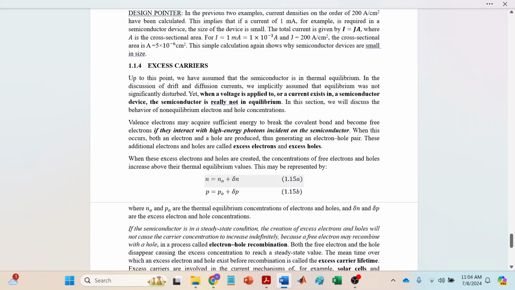So the excess electrons that are produced are given by n, and the excess holes that are produced are given by p.